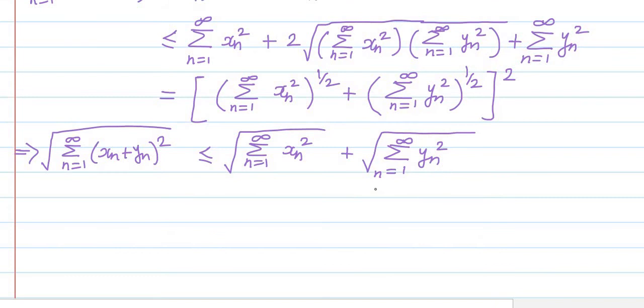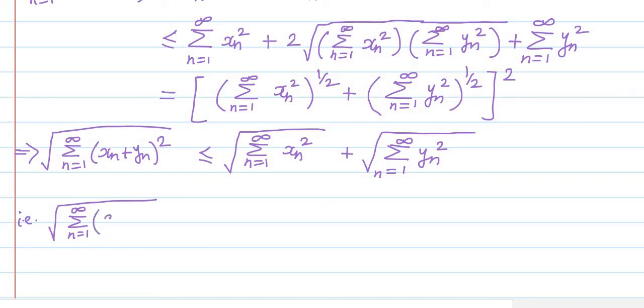Okay. Now this can be written as, in this one put the values of Xn and Yn. If we put the values of Xn and Yn, this is nothing but the square root of the summation over n equal to 1 to infinity of Xn plus Yn, meaning an minus cn.